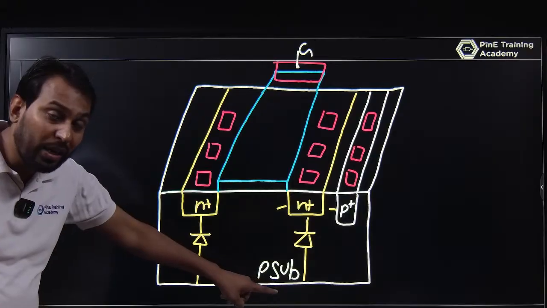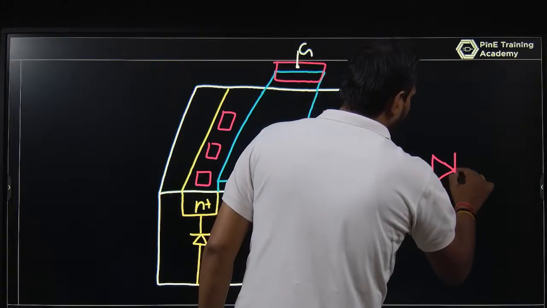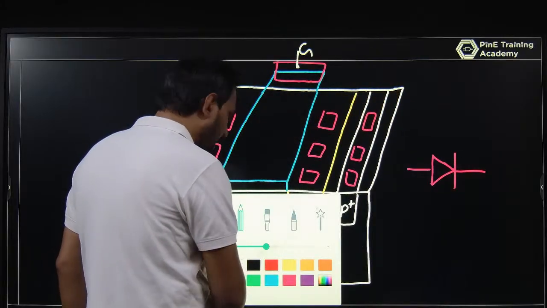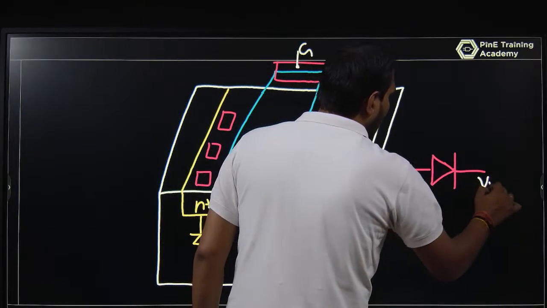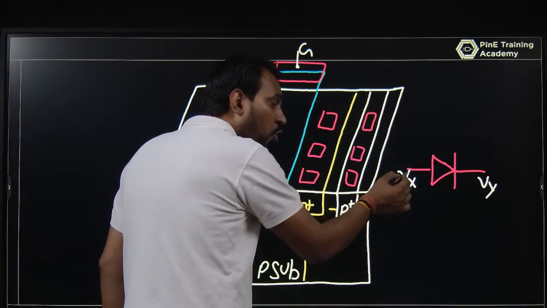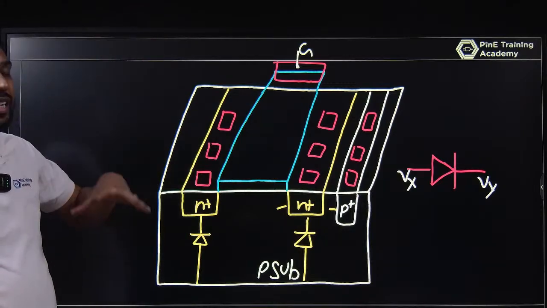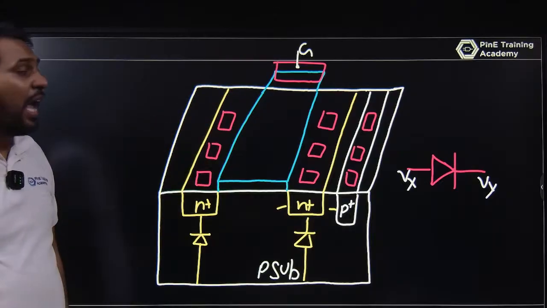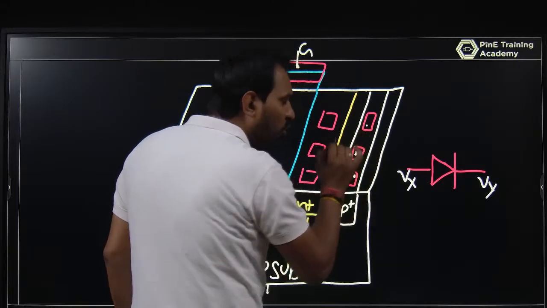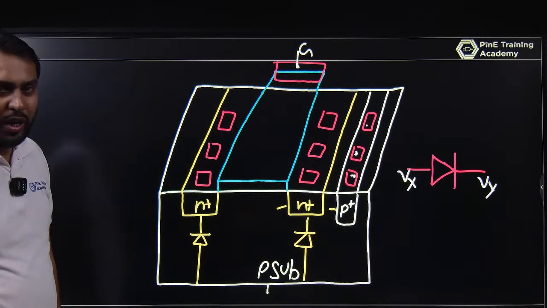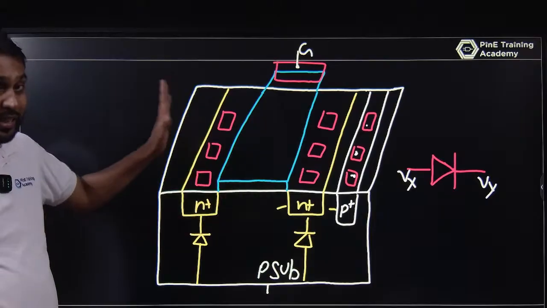is connected to the lower supply. Why? This is P, this is a diode, and you have potentials, let this be Vx and this be Vy. I put Vx at the lower supply voltage in your IC. Let an IC have different potentials, VSS1, VSS2, VSS3. I use the minimum voltage at the body, the lowest voltage possible in the circuit design.